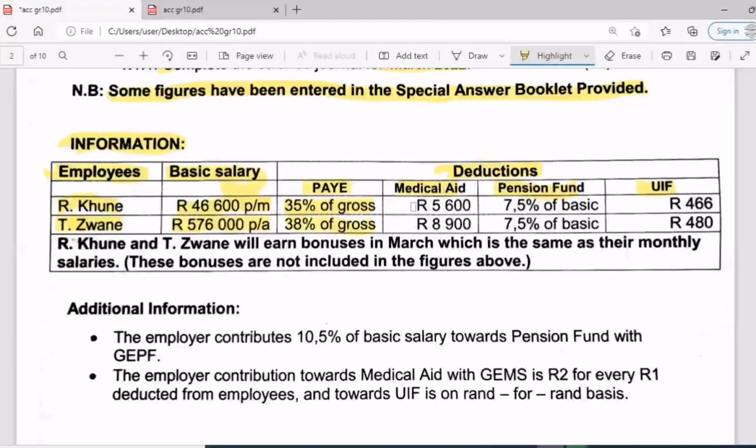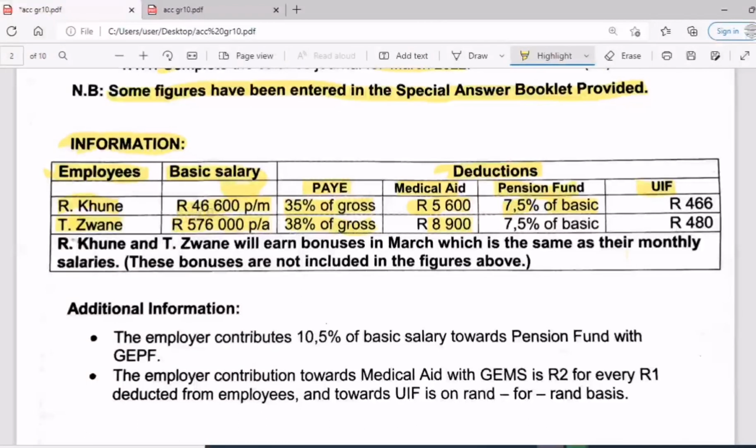Then the medical aid deduction is provided for both employees, 5.6 for Kune and 8.9 for Zwane. And the pension fund is calculated at 7.5% of the basic. This one is calculated on the basic salary. The basic salary is 46,600 for Kune.